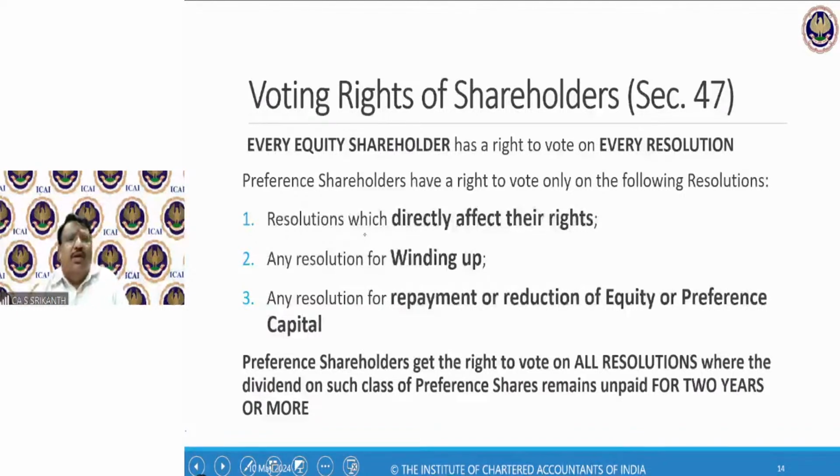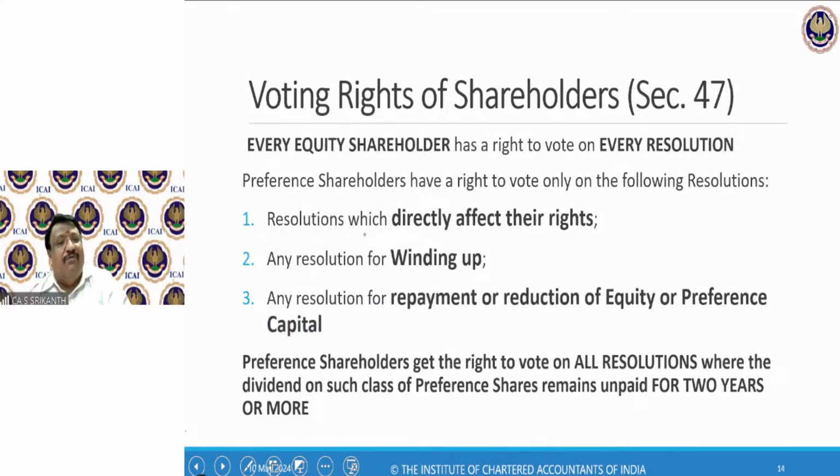Every equity shareholder has a right to vote on every resolution. Preference shareholders have a right to vote only on resolutions which directly affect their rights. For example, when there's a variation of rights, they get a right to vote. Or winding up, or repayment or reduction of equity or preference share capital, they get the right to vote. Suppose you're going to reduce the equity capital, preference share capital holders get a right because their liability is being affected.